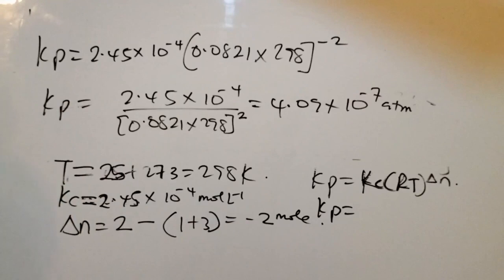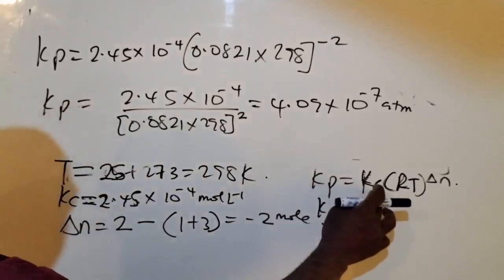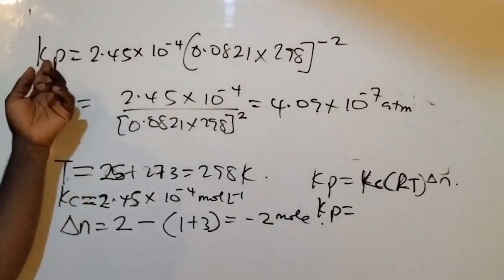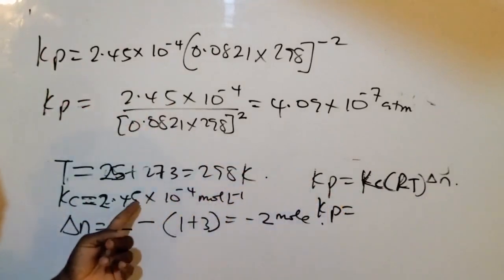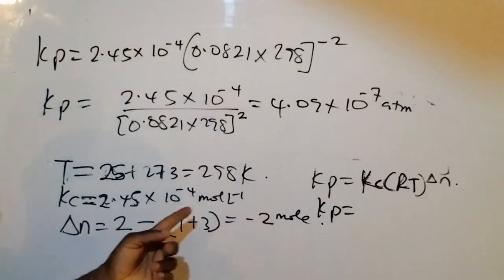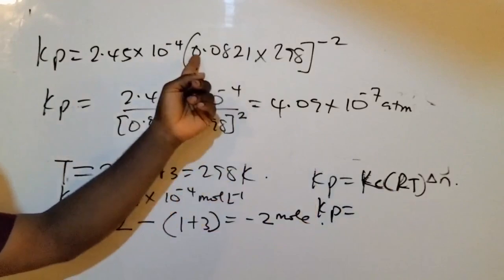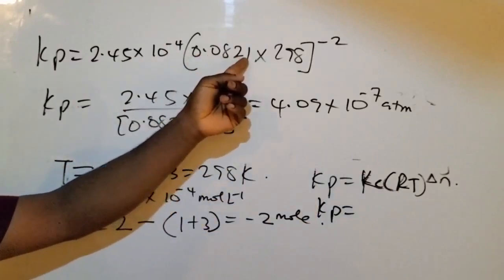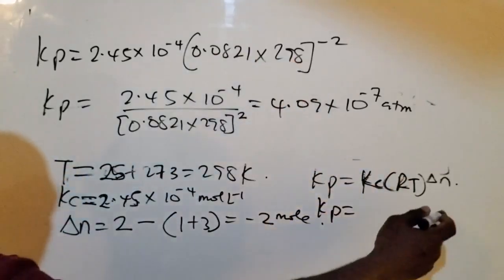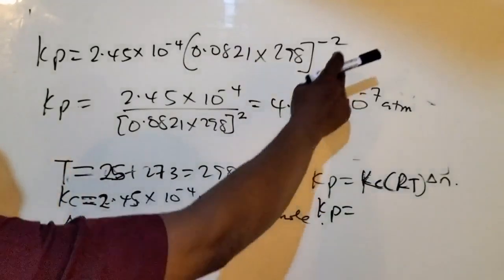Then we need this equation Kp equals Kc (RT) raised to the power delta n. Then you substitute. Our Kc is 2.45 times 10 to the power minus 4, bracket opens, our R is 0.0821, the gas constant given to you, times temperature, 298, raised to the power of the change in mole, which is minus 2.